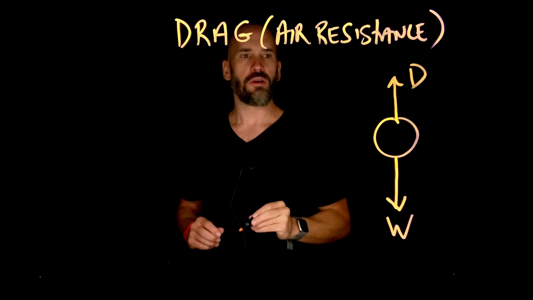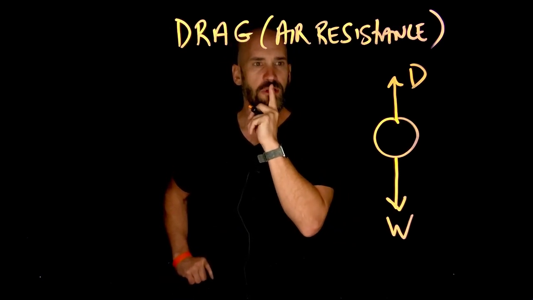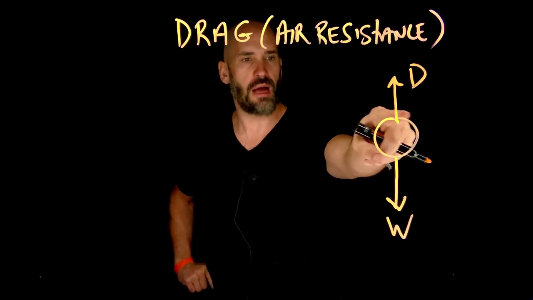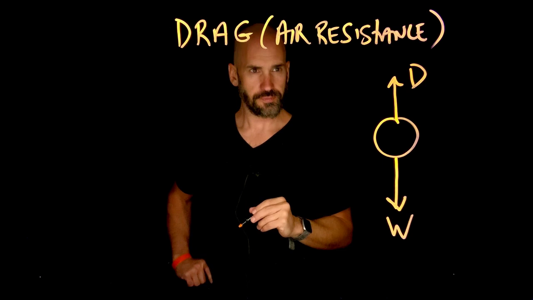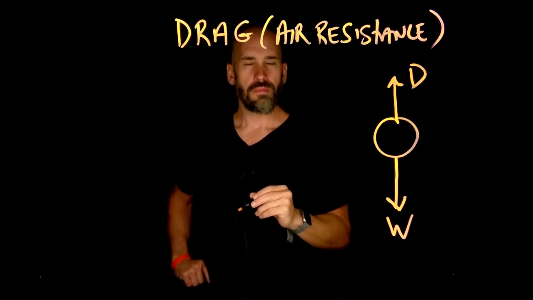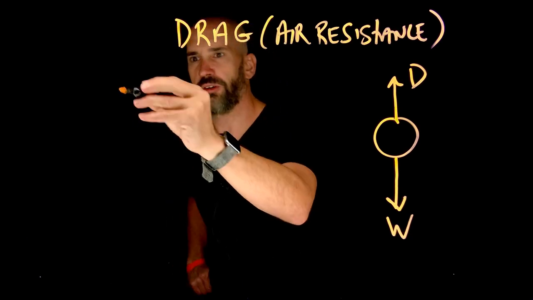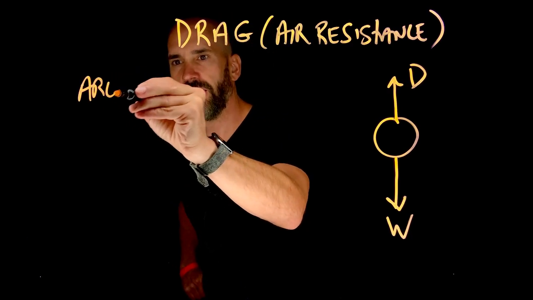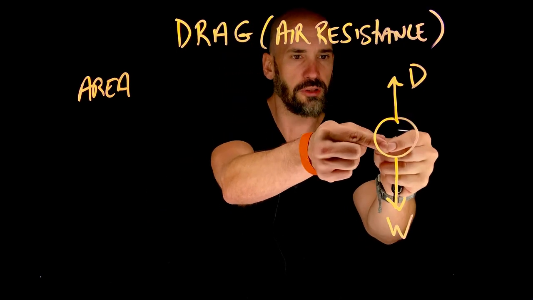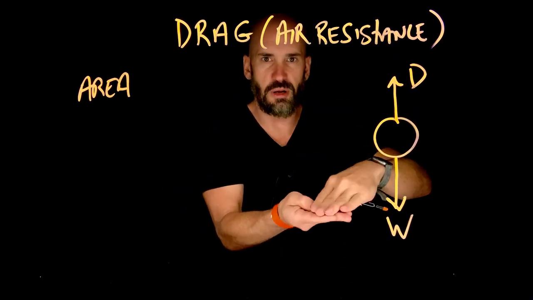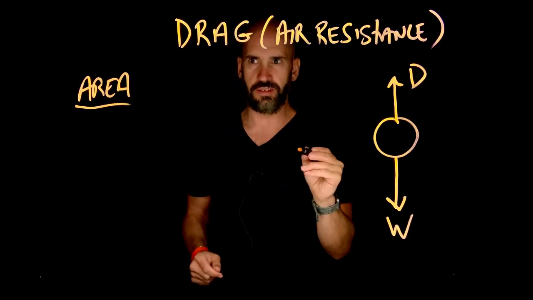Okay, now what do you think would contribute to how much drag or how much air resistance this little ball experiences? Well, possibly the bigger it is, so I'm going to say the cross-sectional area. If this thing is really small, like a little pebble, it's not hitting as much air as it's going down. So the area is important.